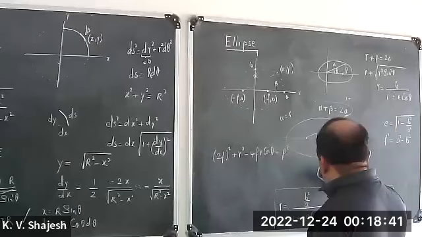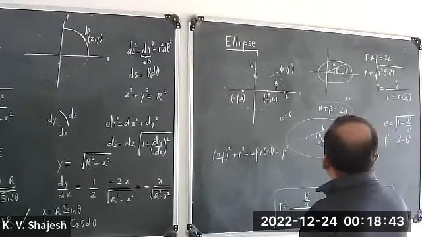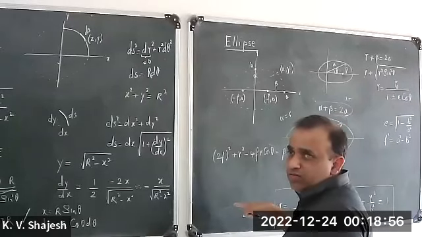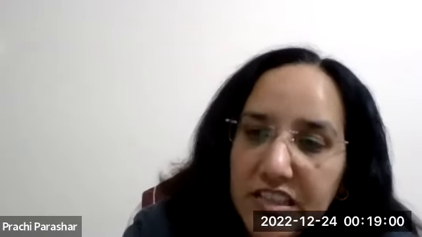Why do you think this should be straightforward? But I can already see eccentricity. It is coming out straightforward. What is straightforward? I can proceed now. I'm not seeing through it, but I can see E coming out.